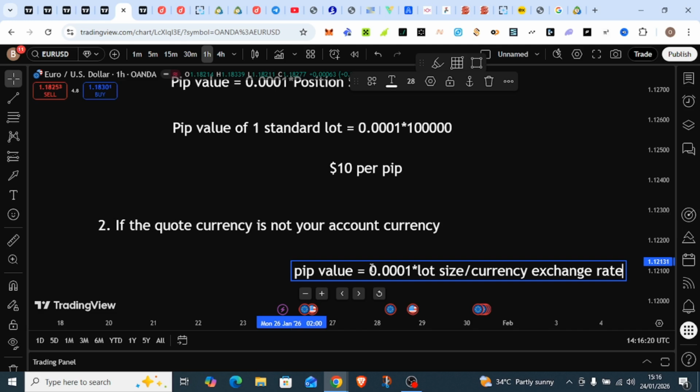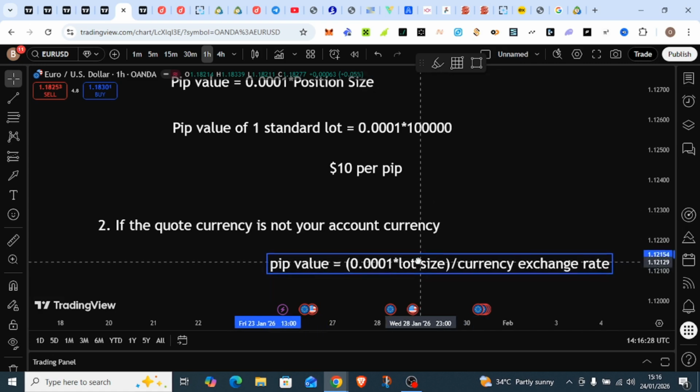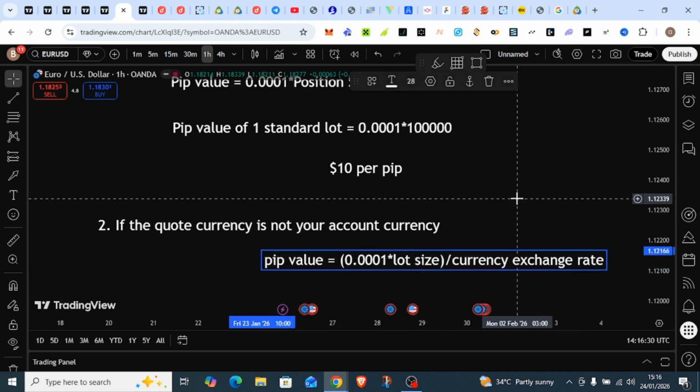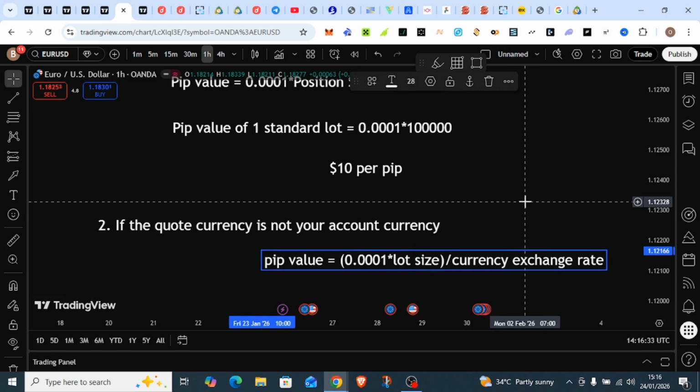Let's put this in brackets. This is the formula you use if the quote currency is not your account currency.